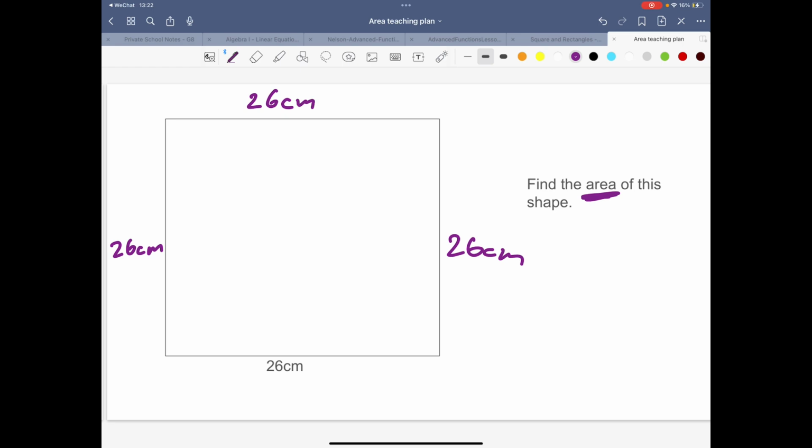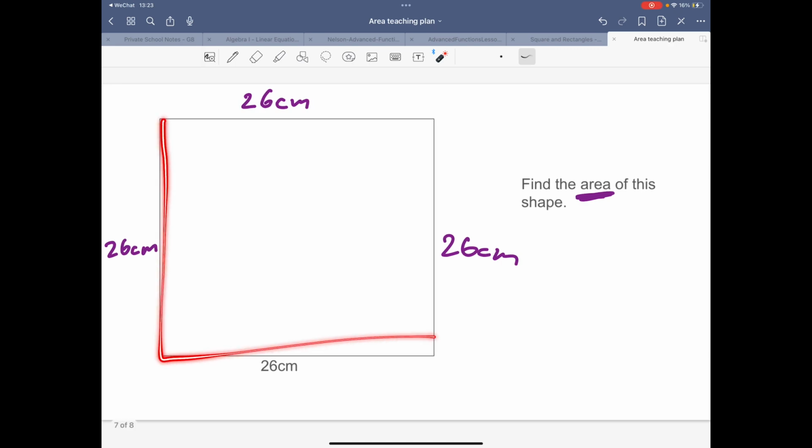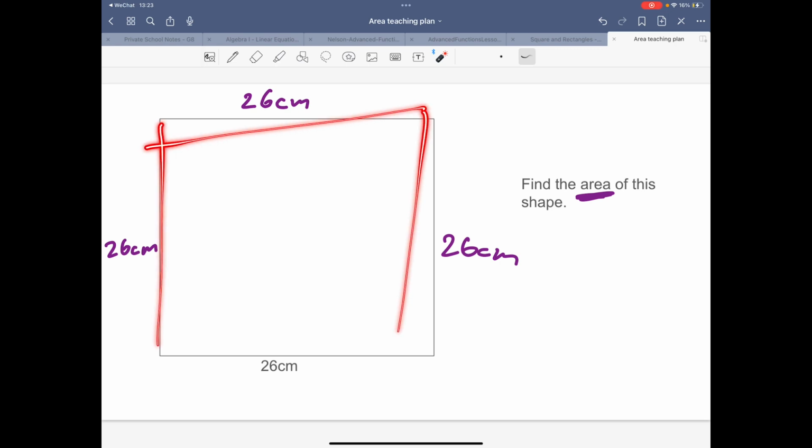So now we're going to multiply this by this, this by this, or any other numbers as long as it's the same. So since it's 26, 26, 26, 26, we can multiply by any number. It could be the length times the length or the width times the width. But we don't care about it since the side lengths are all the same.